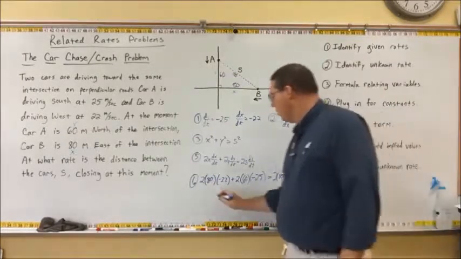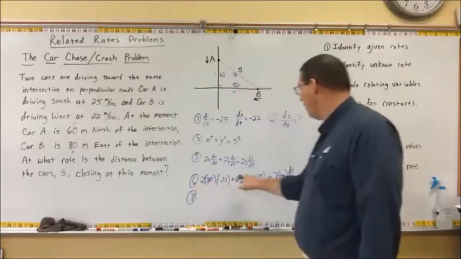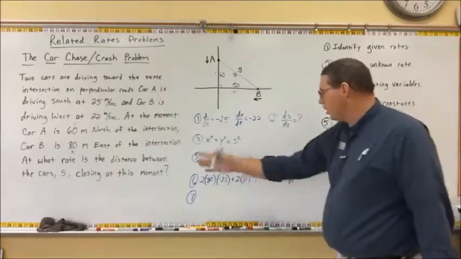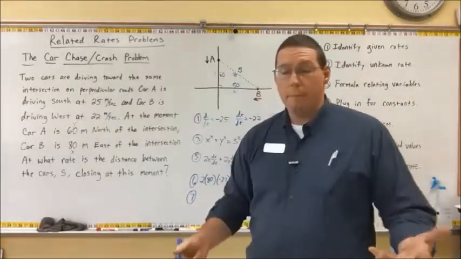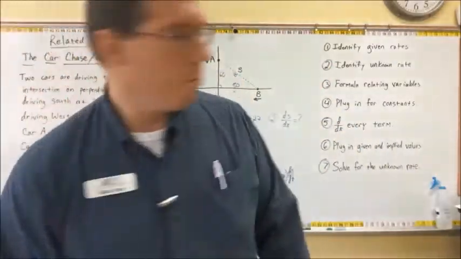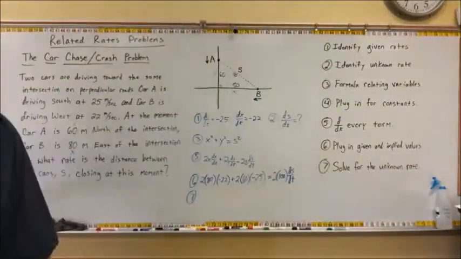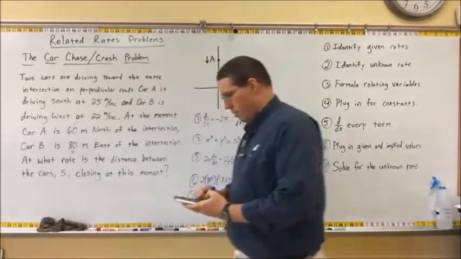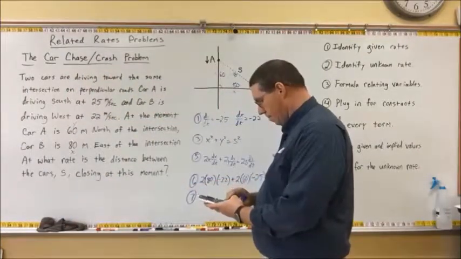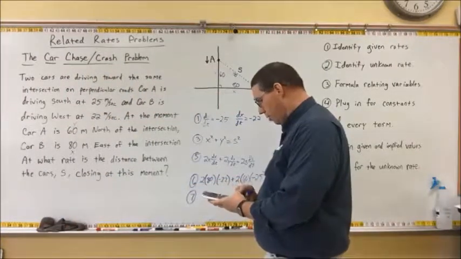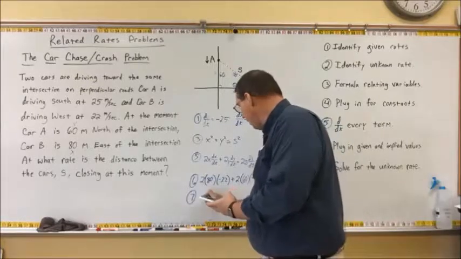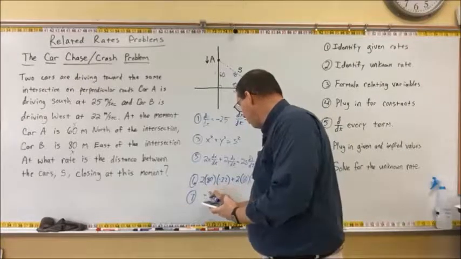Now, last step, step 7, is solve for ds/dt. We got a whole bunch of numbers, so we can do a whole bunch of math. I'm going to grab a calculator. All right, so I'm going to do 2 times 80 times negative 22. That's negative 3,520.